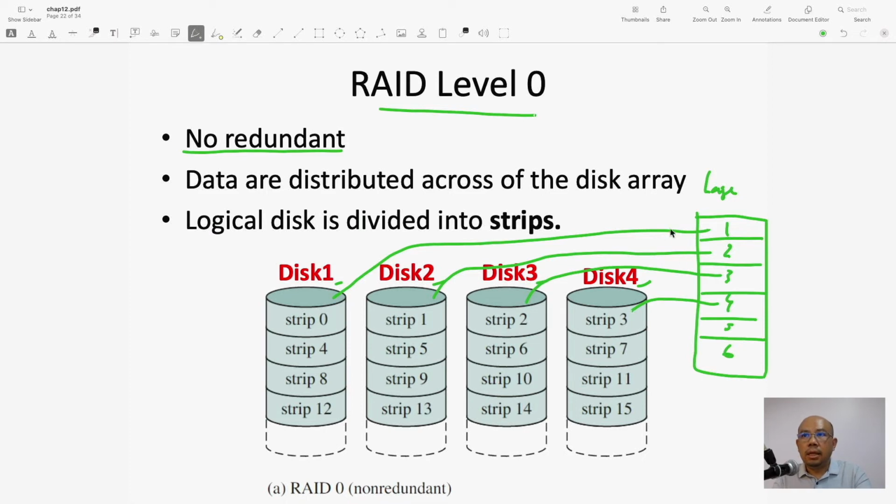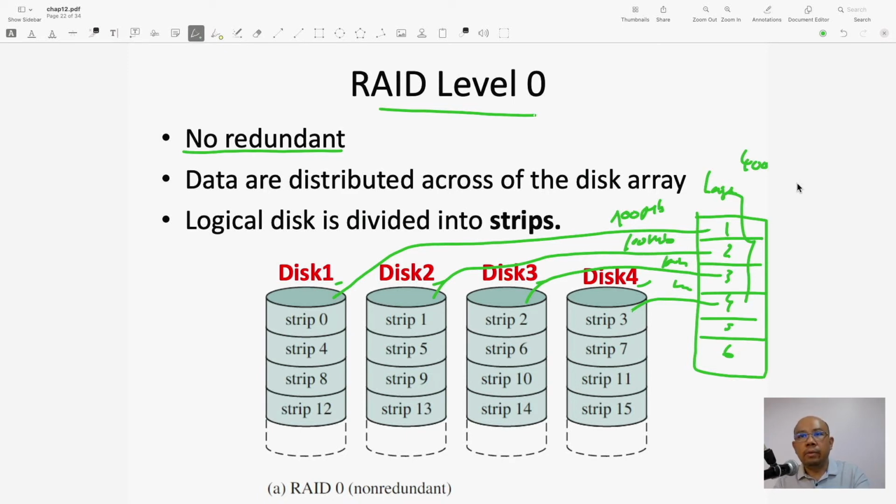That means, for example, here it writes at 100 megabytes per second, here at 100 megabytes per second, and here at 100 megabytes per second. The total writing speed is up to 400 megabytes per second.